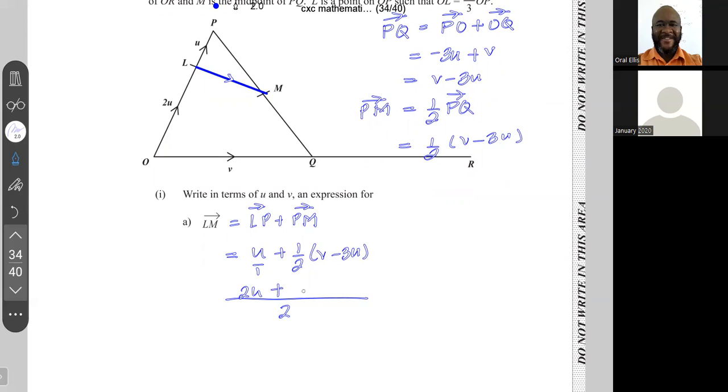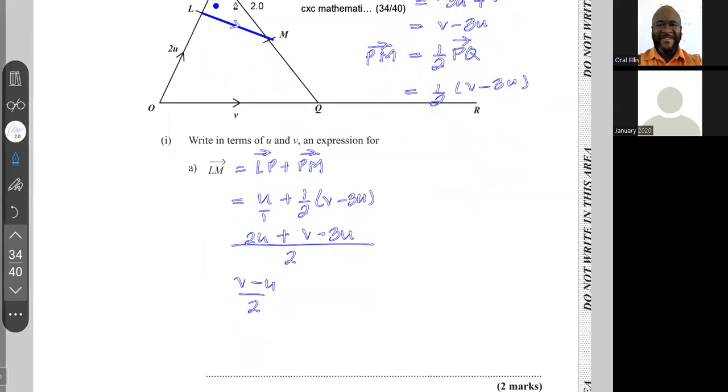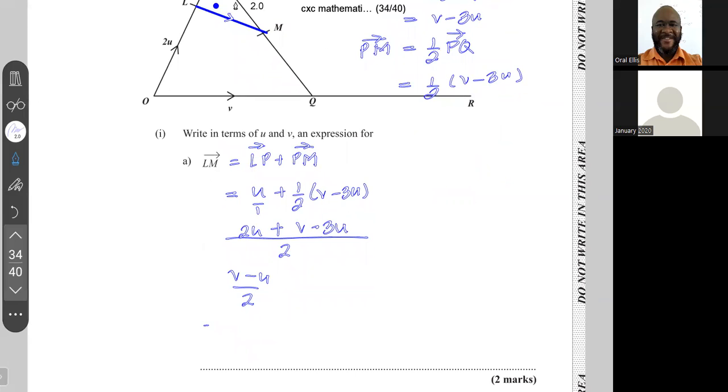Plus 1, 2 into 2 is 1. 1 times V minus 3U is V minus 3U. So now we have V minus U over 2, or we could say this is a half of V minus U. So LM is equal to a half of V minus U.